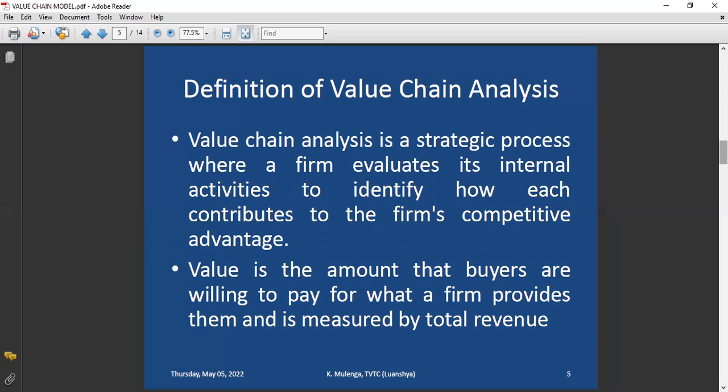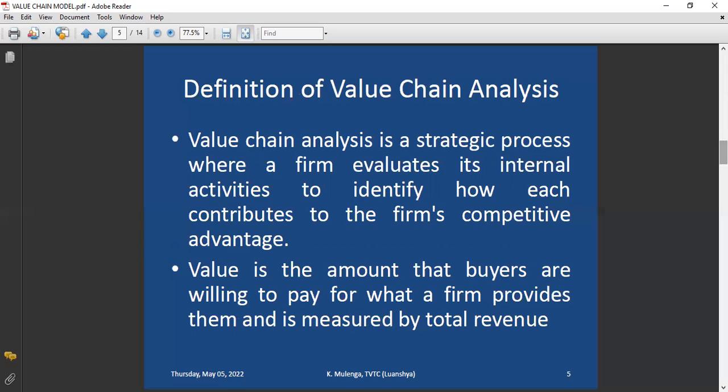What is value chain analysis? Value chain analysis is a strategic process where a firm evaluates its internal activities to identify how each contributes to a firm's competitive advantage. So we are looking at the inbound logistics, the production, outbound logistics, that's the distribution, sales and marketing, and after-sales services.